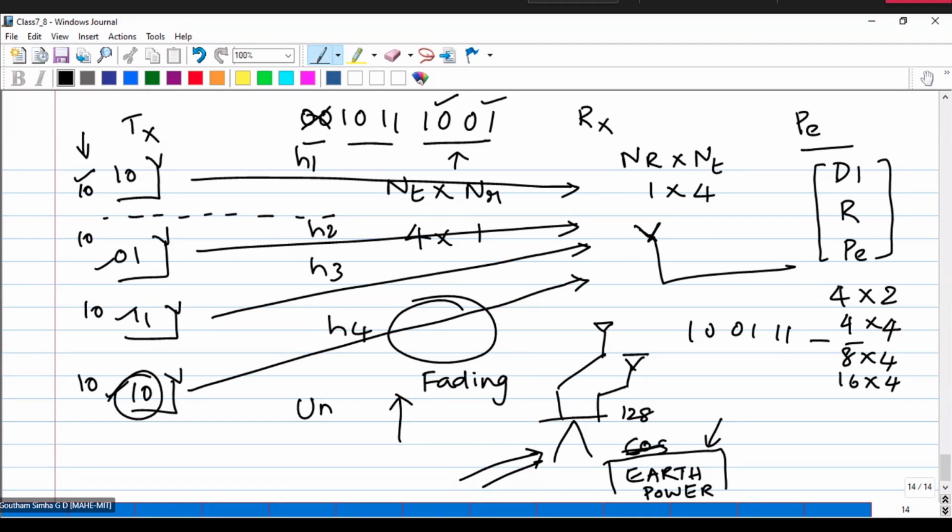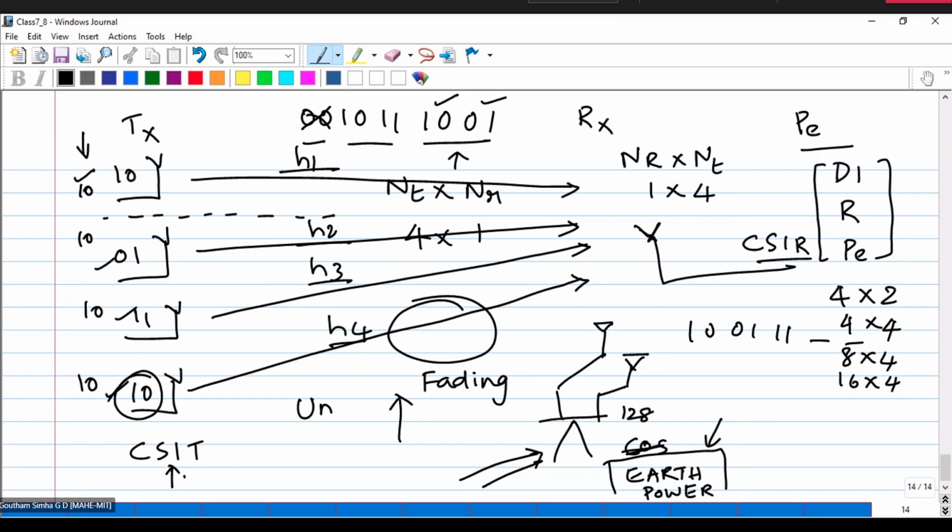Transmit diversity design is always dependent on this H. What does it mean now? It means you need channel state information availability at the transmitter. Channel state information at the receiver is fine, because even though there is complexity, I'll employ equal gain combining and still reduce the computational complexity.